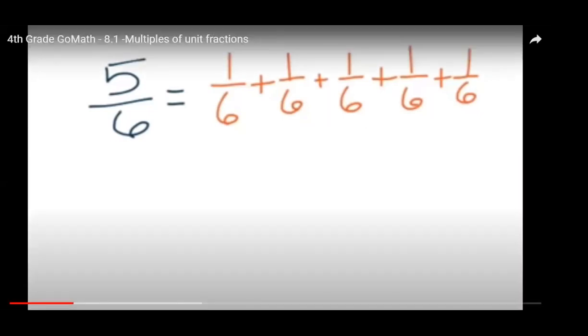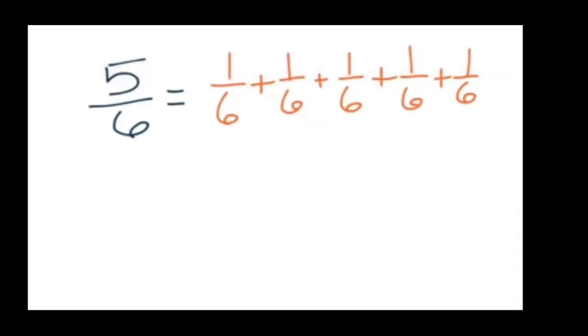In this chapter, we're now going to look at 5/6 and think about it as a multiplication problem. How many 1/6 do I need in order to get to 5/6? Well, if I'm starting with 5/6, my numerator is 5, and a unit fraction always has a 1 in the numerator.